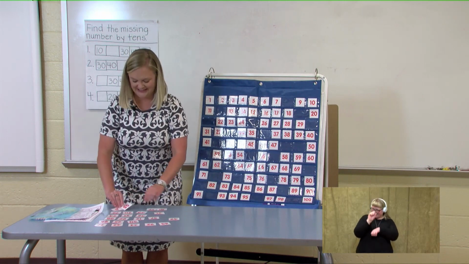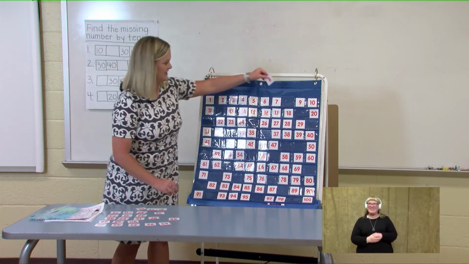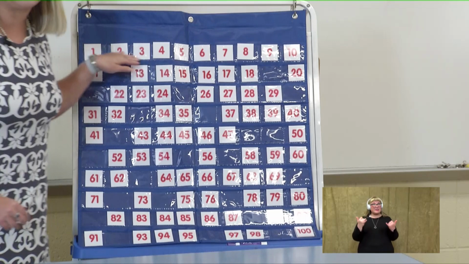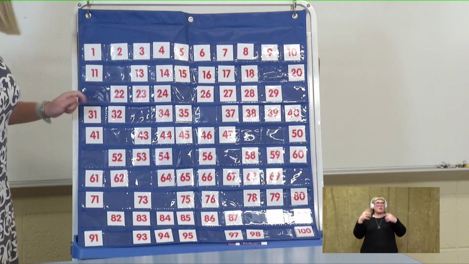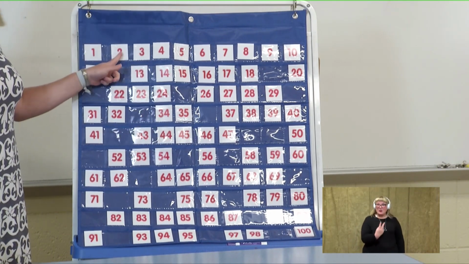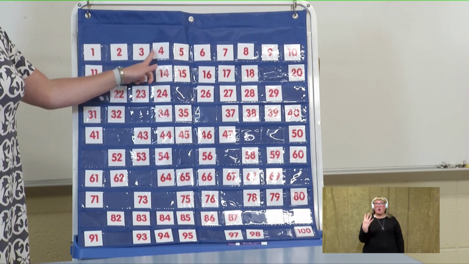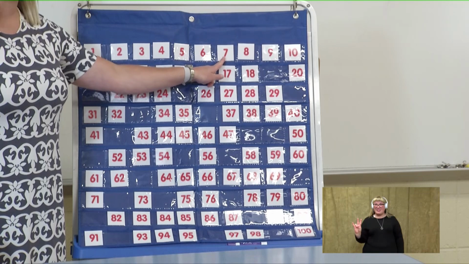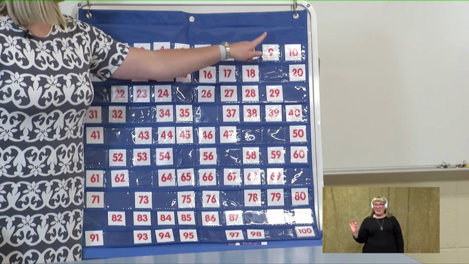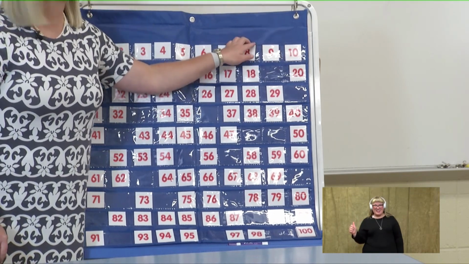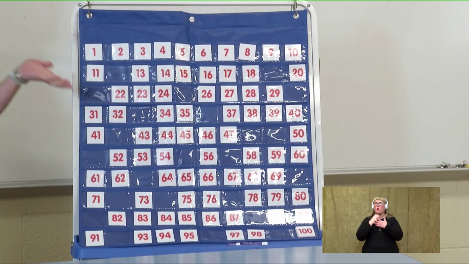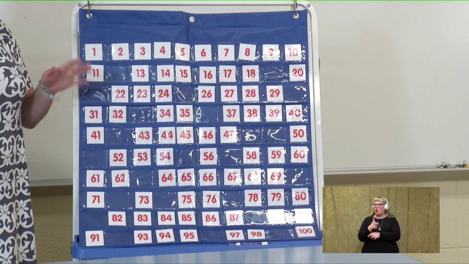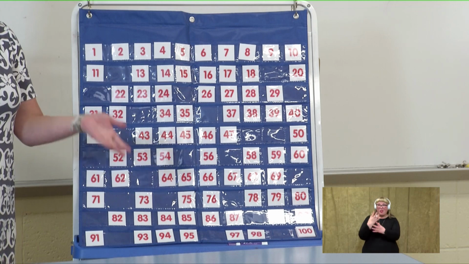Very good. It is this one. This is the number 8. So now we have this entire row full. Let's count them all together. 1, 2, 3, 4, 5, 6, 7, 8, 9, 10. Thank you so much for your help. We've already figured out where 2 of my missing numbers that fell out belong.